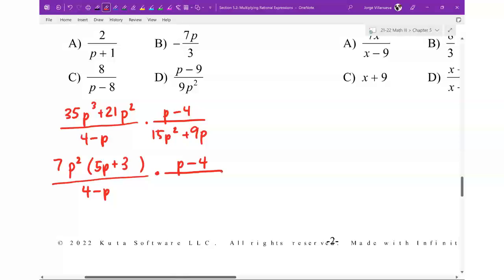A 15p squared plus 9p. A 3, and what else? A p. So 3p. If I factor out 3p, I end up with 5p plus 3. Okay? What can I cancel?